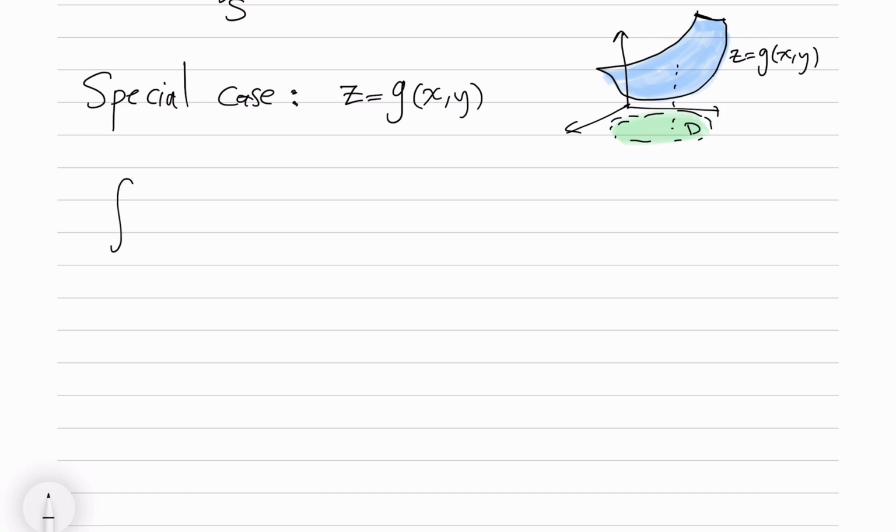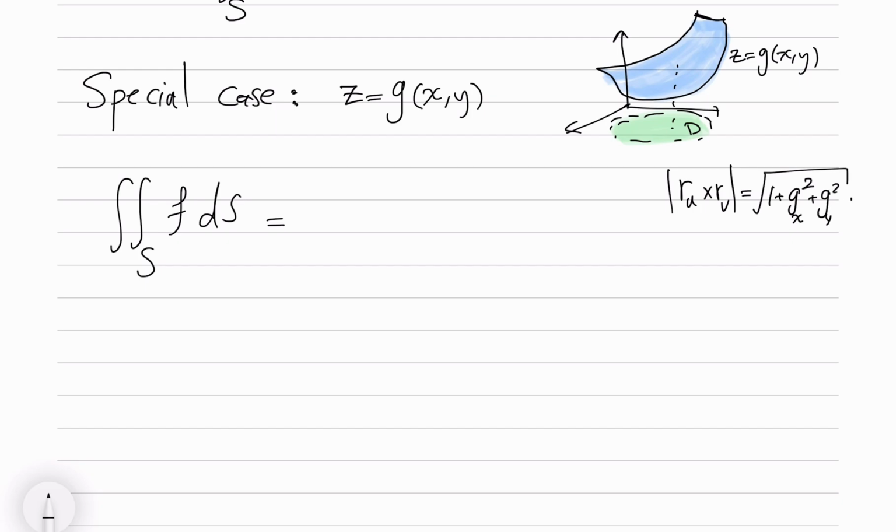Now how do you integrate a function f on this surface? Well, if you follow these formulas, and we saw this in the case of surface area, we saw that the magnitude of r_u cross r_v is equal to the square root of 1 plus g_x squared plus g_y squared.